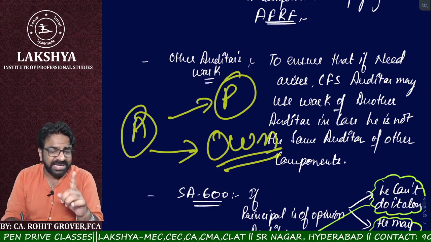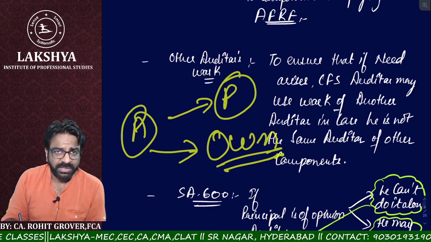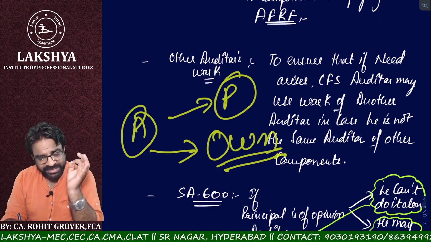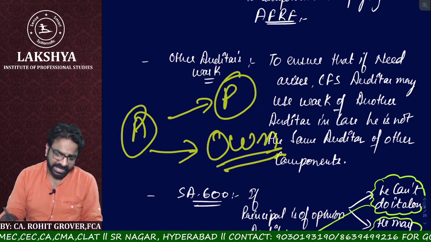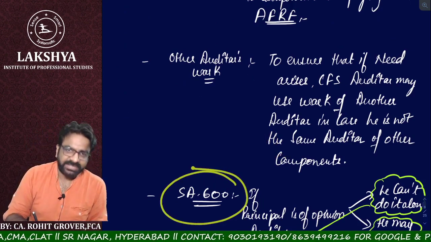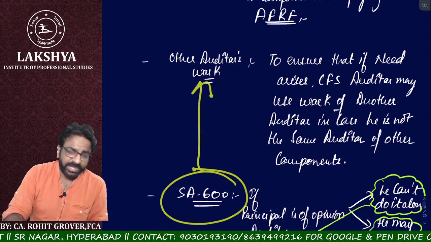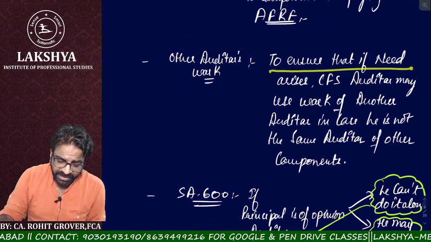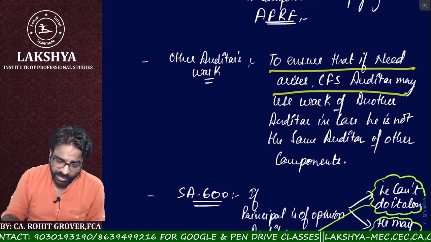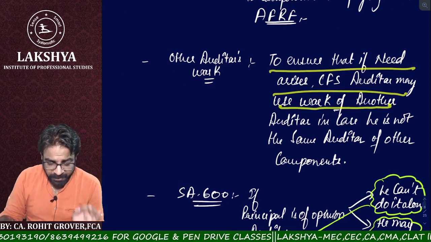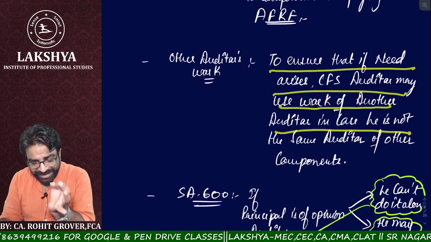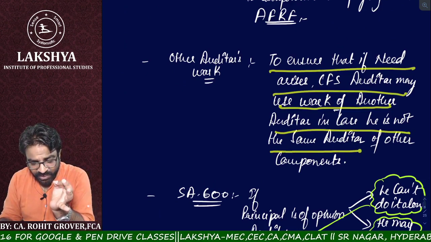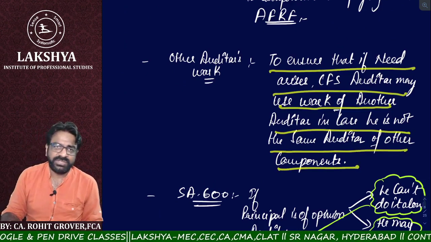But if he thinks that he cannot do the audit on his own, he has to use the work performed by another auditor, then he has to take care of SA 600. So this point and this point are very much connected. Other auditors' work: to ensure if the need arises, the consolidated financial statement auditor may use the work of another auditor in case he is not the same auditor of the other components.